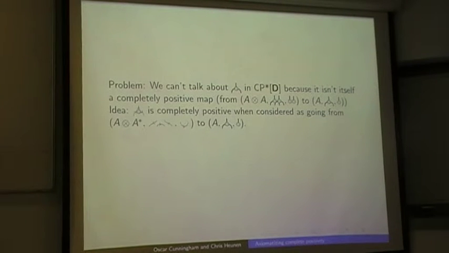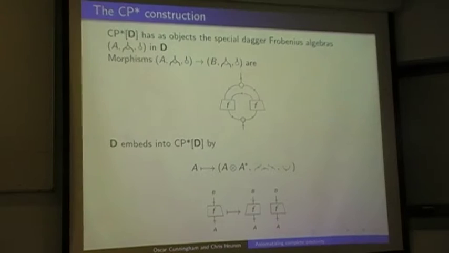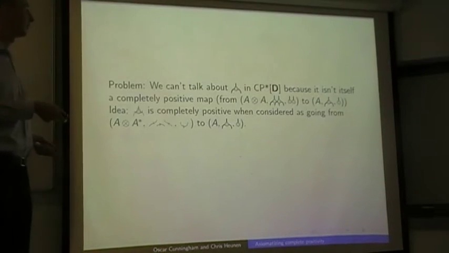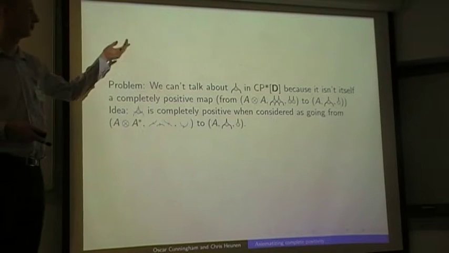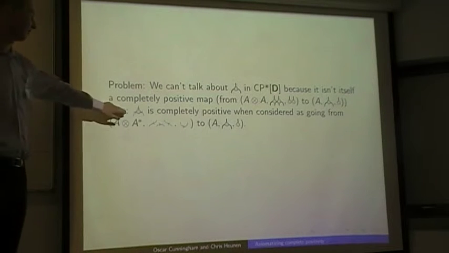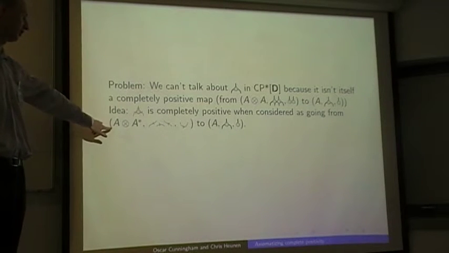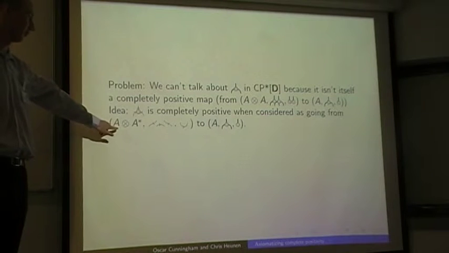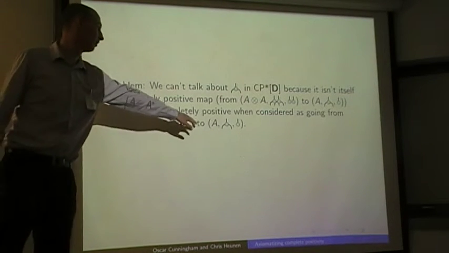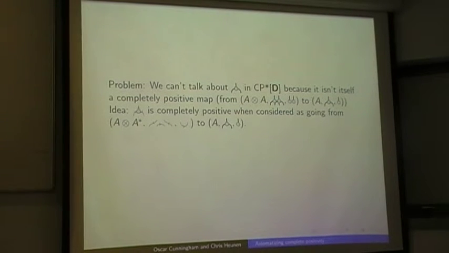So I want to axiomatize it, and at first I couldn't quite see how the axiomatization was going to work, because I wanted to talk about these multiplication maps inside CP star, but I couldn't because they're not themselves completely positive. But eventually I saw that this map is completely positive when you consider it as a map from the quantum system on both the objects to the C star algebra that you care about.